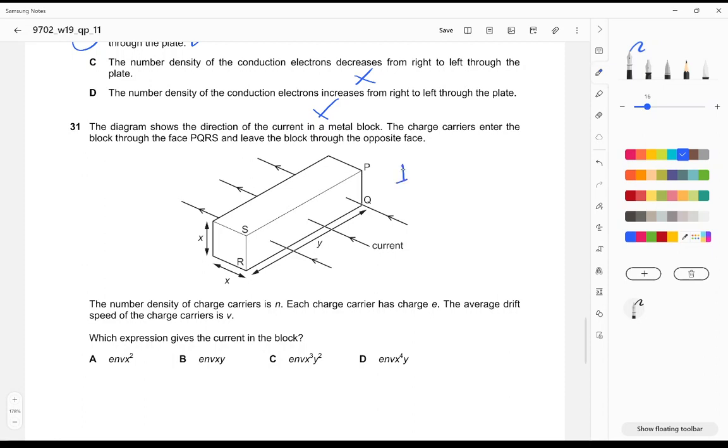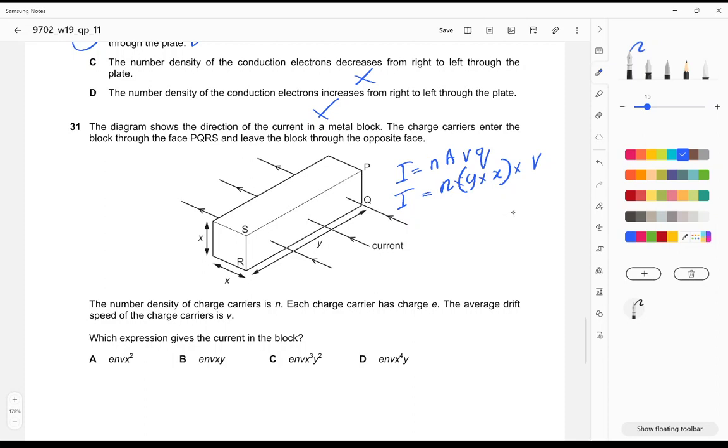So current in the block is equal to n A v q. I is represented by I, n remains the same, and the area is Y multiplied by X, multiplied by the speed v of the charge carriers.